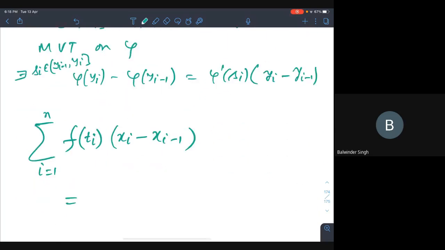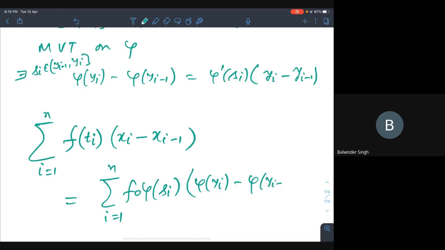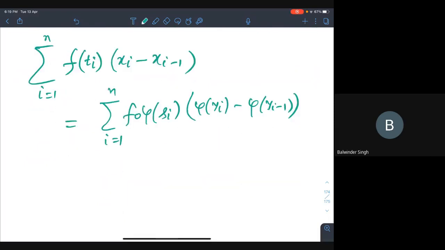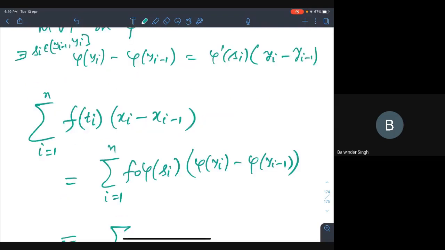So now this one, i equal to 1 to n, you get f of phi of si. And here you get phi of yi minus phi of yi minus 1, right? Then we apply the mean value theorem, you already applied, and correspondingly that si gives you ti.